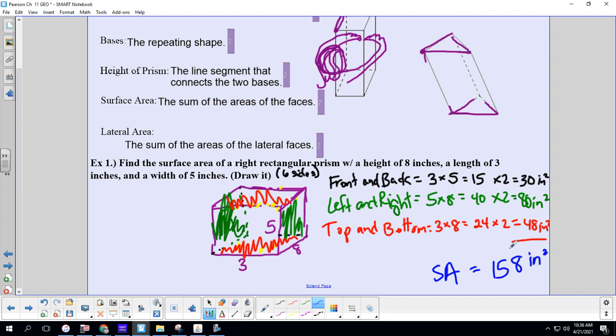Okay, would you like to know the formula for finding a right rectangular prism? Okay, let's do it. In fact, we're going to do it for all right prisms.